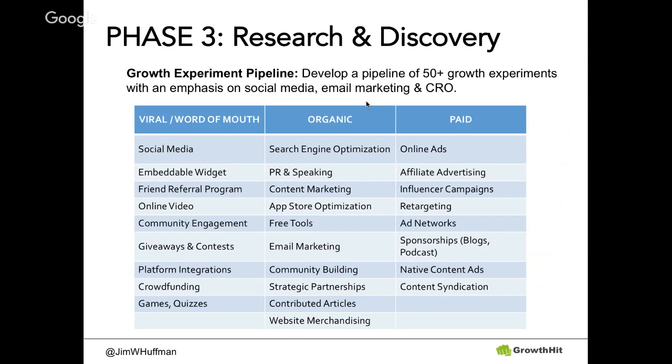And what I did here is I pulled, this is from the book Hacking Growth by Sean Ellis. And he lays out these 3 different types of marketing strategies. So you can have a marketing tactic that would be viral or word of mouth marketing, right? Similar to doing a giveaway or contest, where people would actually share that with their friends or on their social network.